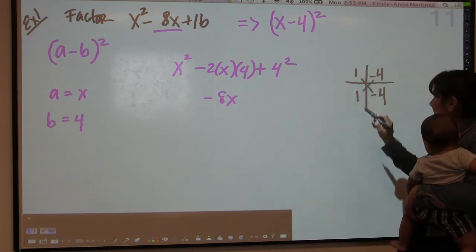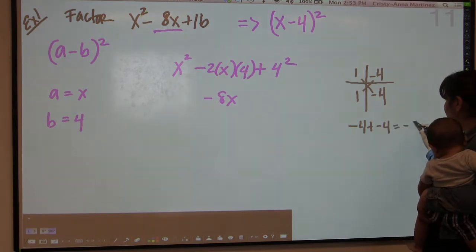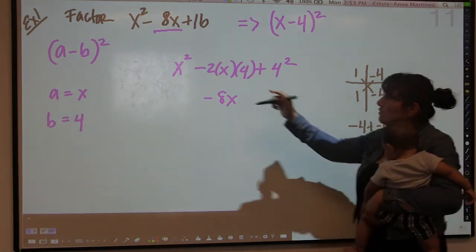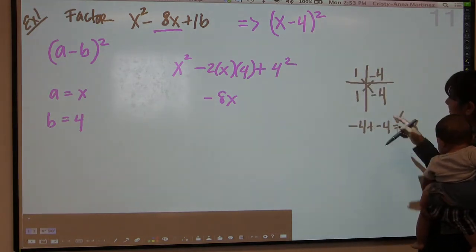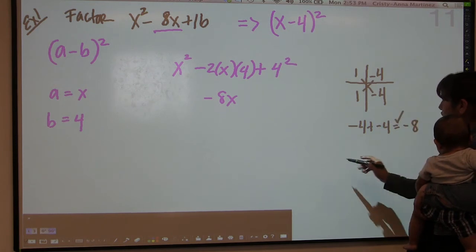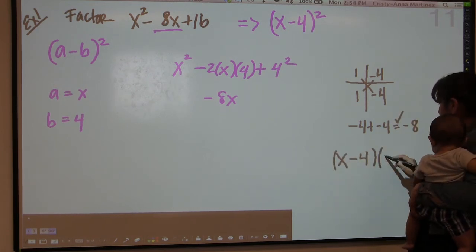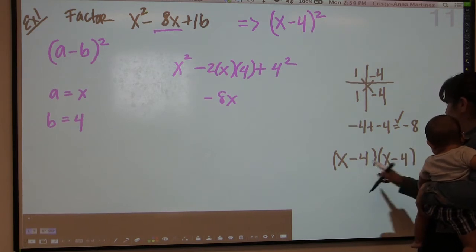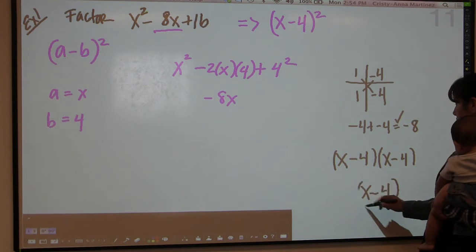When you multiply the diagonals, you'll get negative 4 plus negative 4, which is negative 8. And that works with the negative 8 in the middle. What you'll notice now is that you have 2 of the same factors. So when I go to factor it, I'm going to go (x - 4) times (x - 4). And because they're both the same, I would write (x - 4) squared.